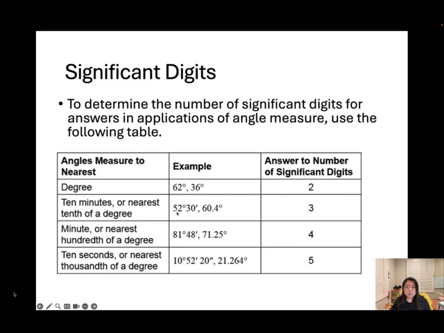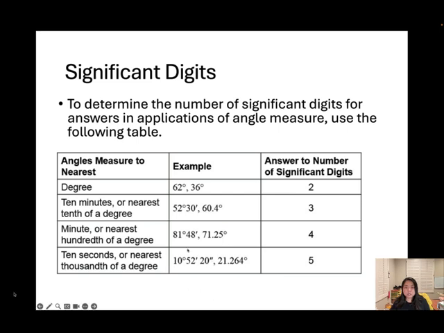This one, 52 degrees 30 minutes, we don't have the decimal point here, so we only have three significant digits. This one, we have the decimal point and the zero is in between two numbers, so we have three significant digits. Same idea here, we have four and four significant digits.